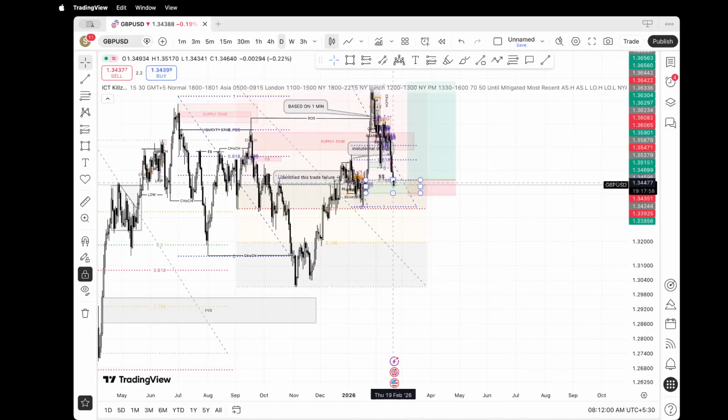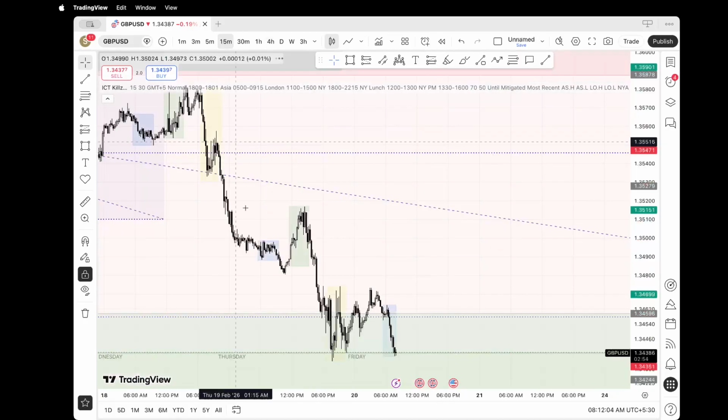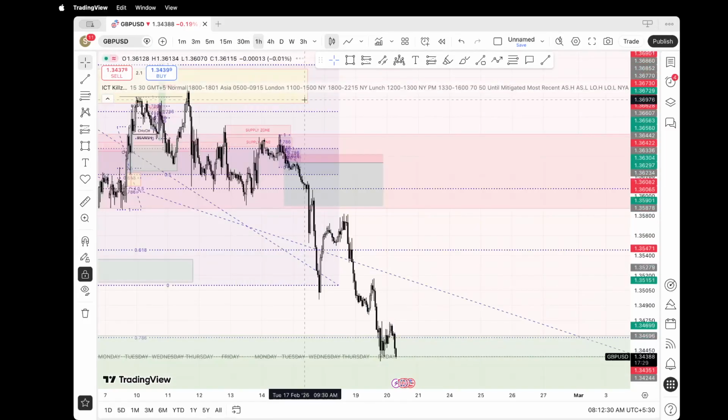So yep, this here can be a good buy trade that personally I will be putting in. So let's see. Not now, because we don't see any confirmation or something for going anti-trend.